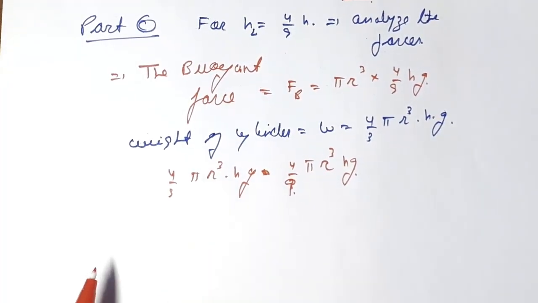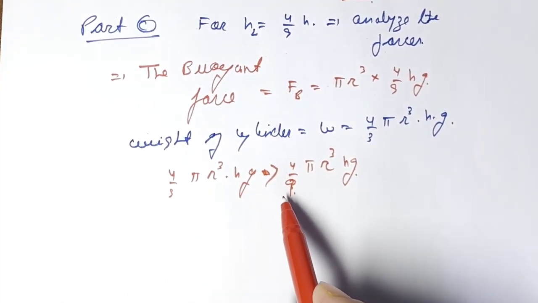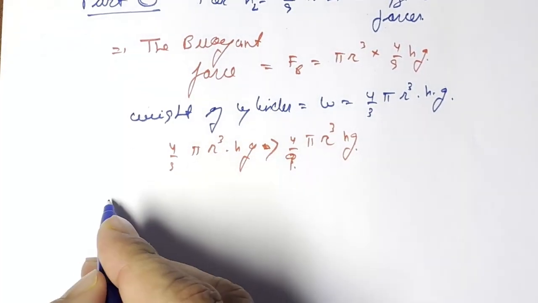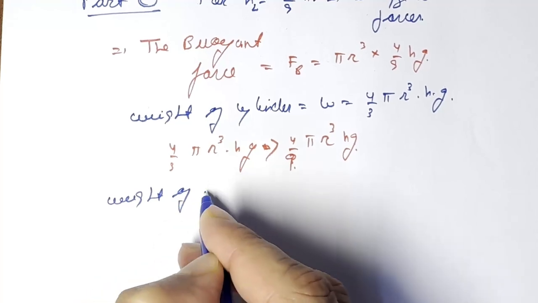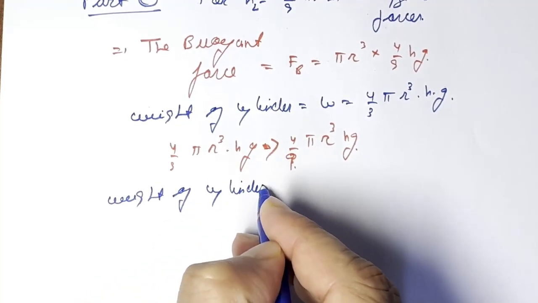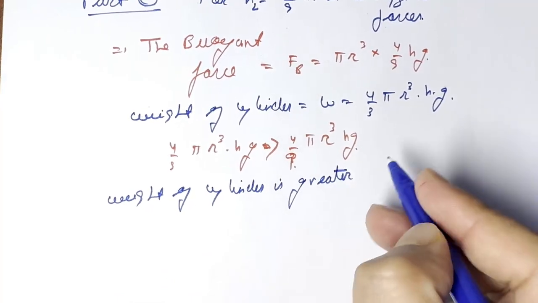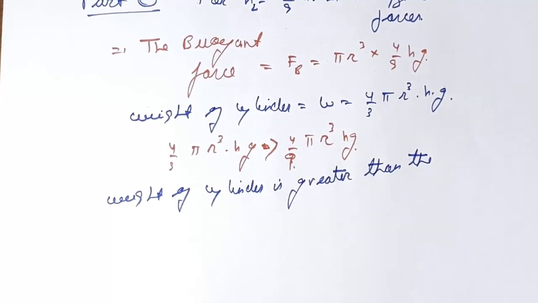So from here we can clearly see that the weight of the cylinder is on the higher side as compared to the buoyant force. Okay, you can say weight of cylinder is greater than the buoyant force.